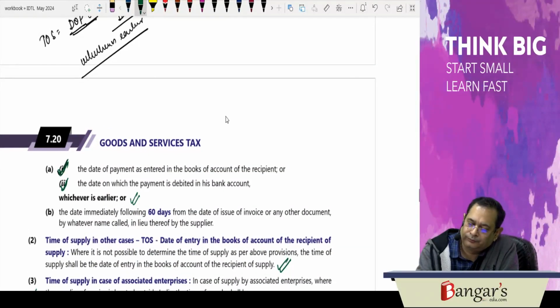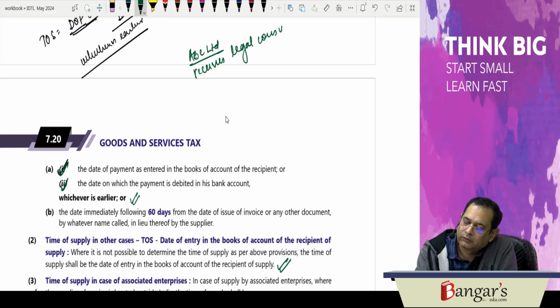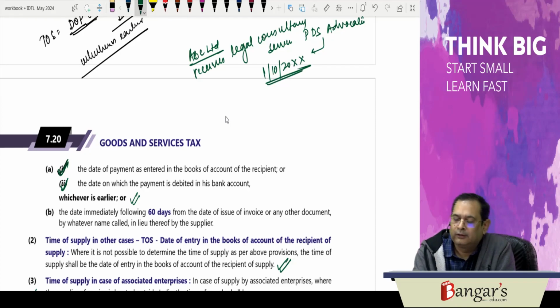So say for example, ABC Limited receives legal consultancy service from PDS Advocates, and PDS Advocates is issuing an invoice on 1st of October.